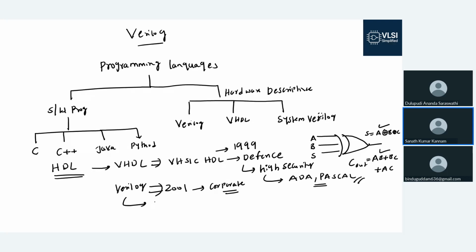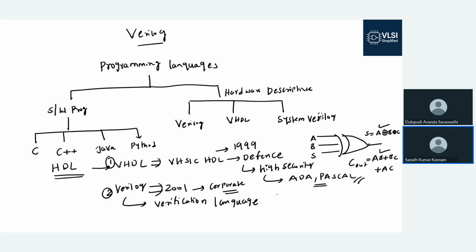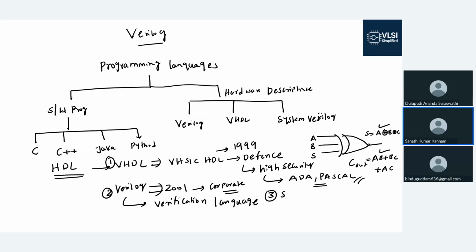The full form of Verilog is verification language. So this is the second one; the first one is VHDL, and the third one is SystemVerilog.